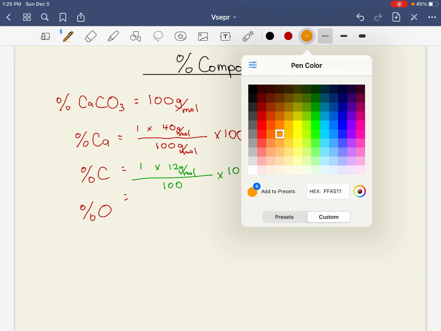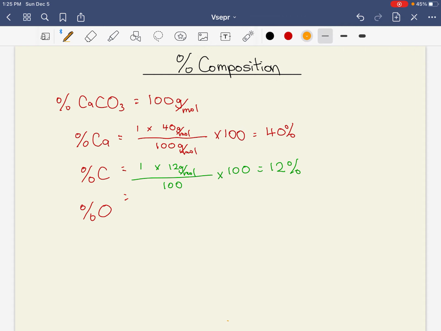And lastly, oxygen. You're looking at 3 oxygens. Each oxygen is worth 16 grams per mole, divided by 100, times 100%. That will be 19%.